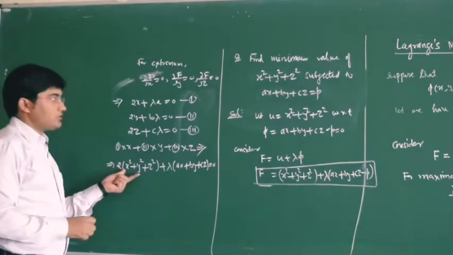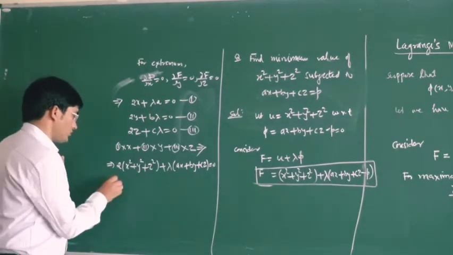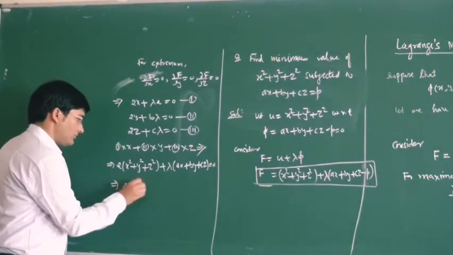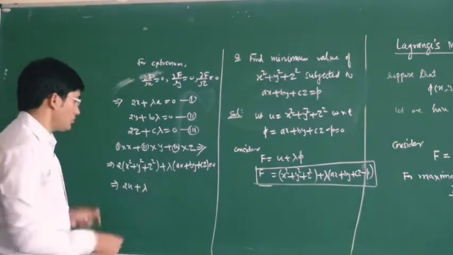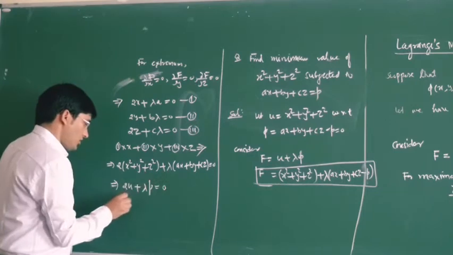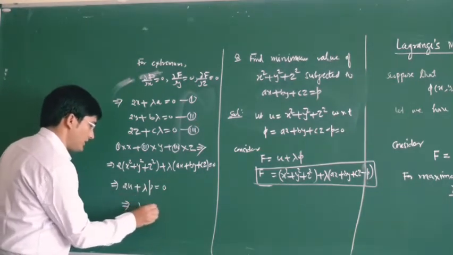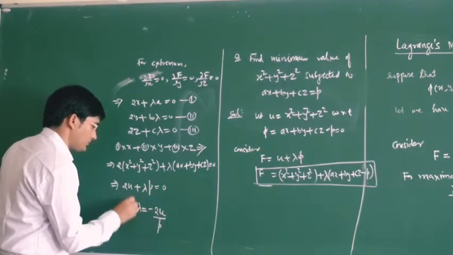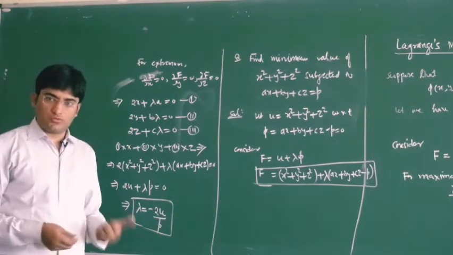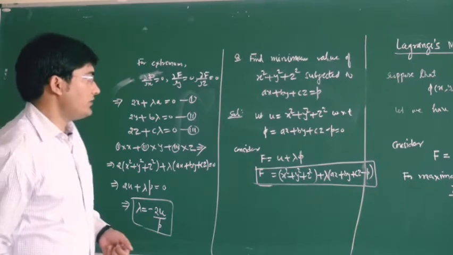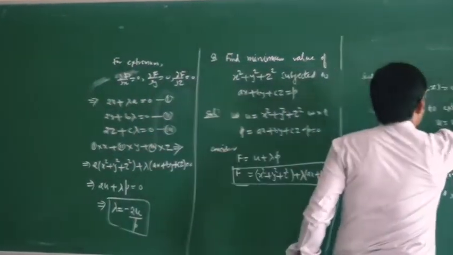Now x square plus y square plus z square is u, so this will be 2u, and then we will have lambda. Now the value of ax plus by plus cz is p, so this is equal to 0. So from here our lambda is minus 2u upon p. Now let us put the value of lambda in equations 1, 2 and 3 and find the values of x, y and z.